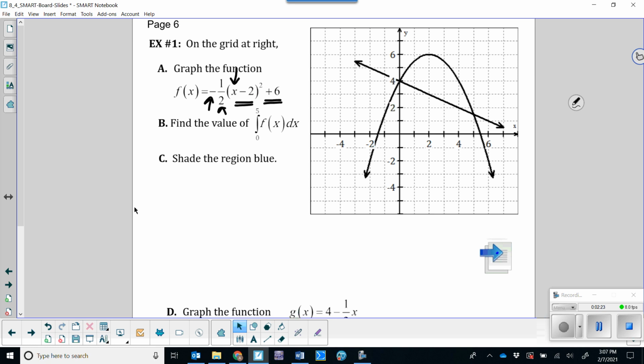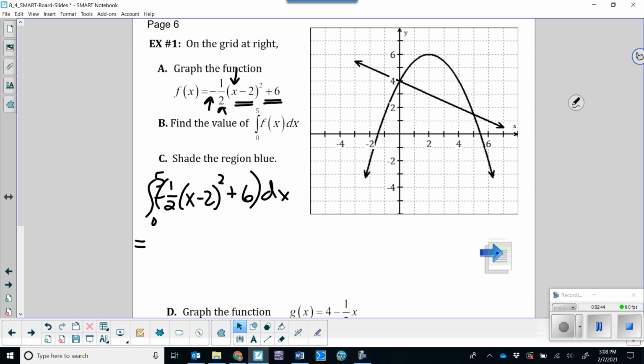Then the first thing says, after we've drawn those, find the value of the integral from 0 to 5 of f of x dx. So this is f of x, and we want to simply find this value. What is the value when we do this integral?